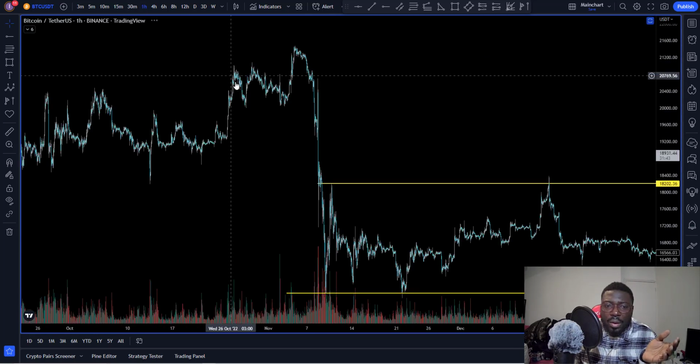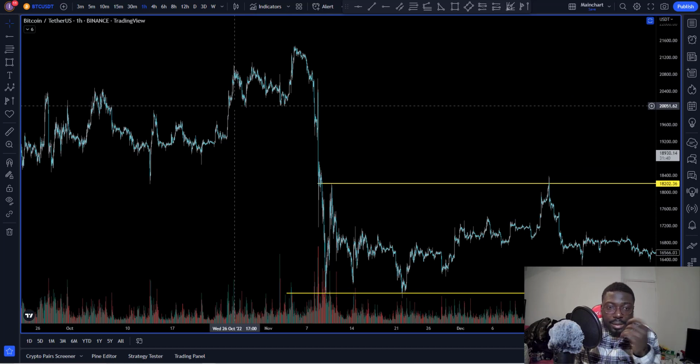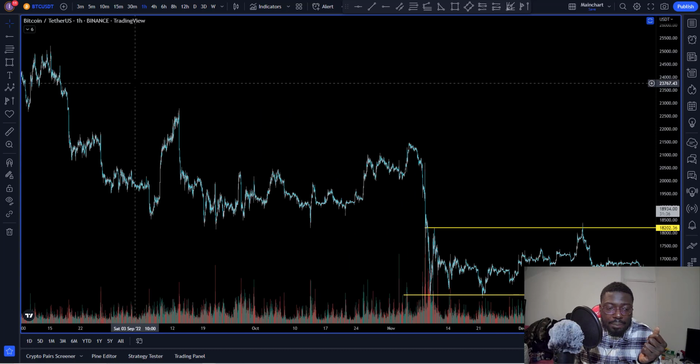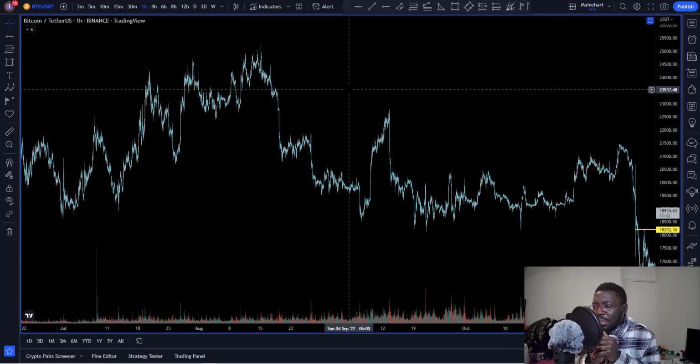You could use 1 hour, 4 hours, daily and then weekly too for this particular trade. If you are a scalper, then maybe you could use up to 15 minutes for this trade. The particular time frame you use to trade this will determine how long you are going to stay in the market.